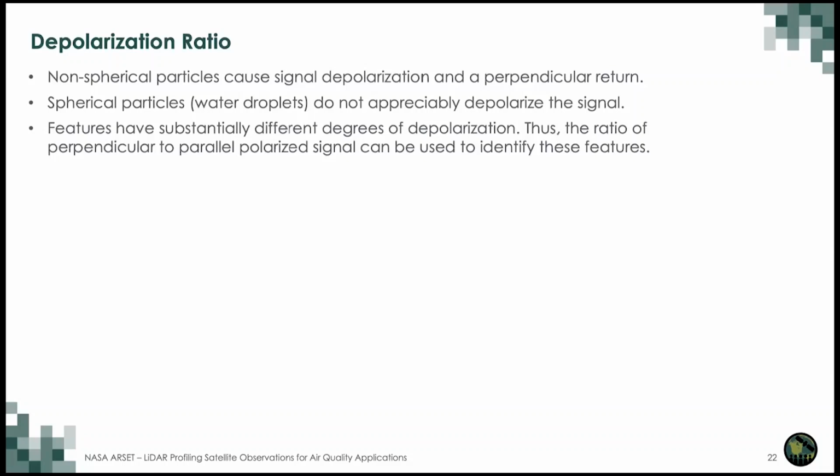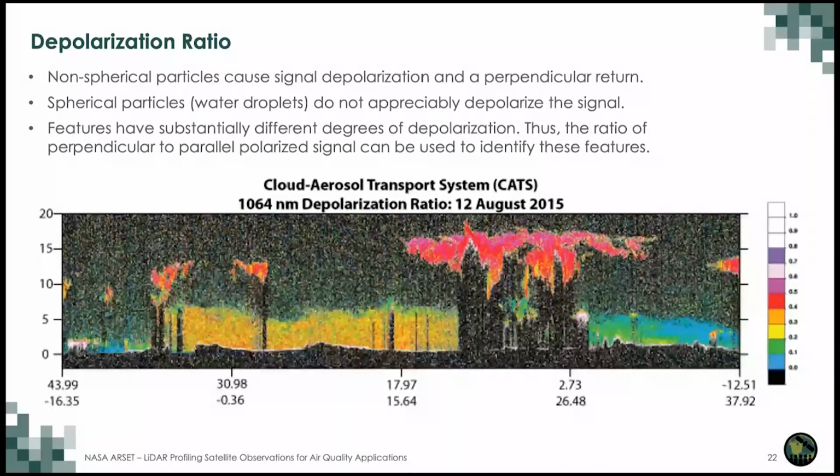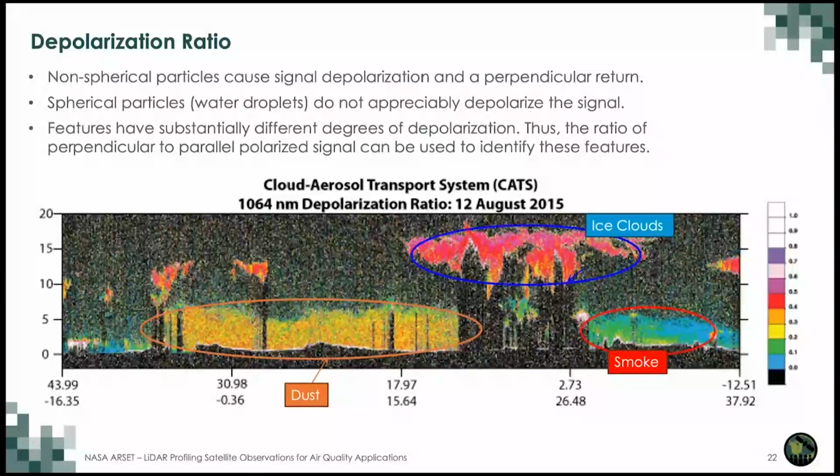And we'll walk through an example here. So here's a profile of depolarization ratio from the CATS LiDAR. And here are some real examples of what we just talked about. As I mentioned, smoke tends to be spherical. You can see the depolarization ratio for that ranges from 0.2 down to 0. Dust is moderately polarizing. That's typically around 0.2 to 0.3, these yellows and oranges.